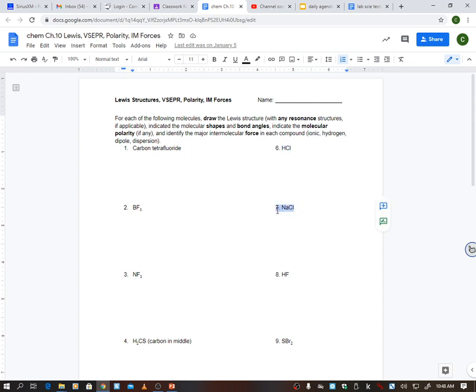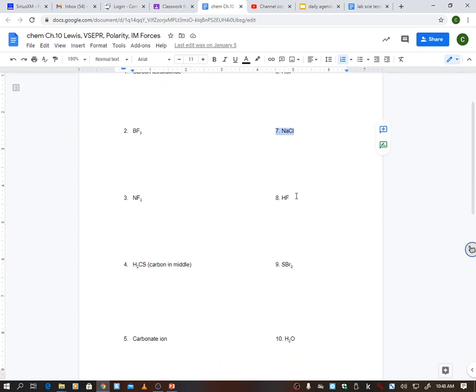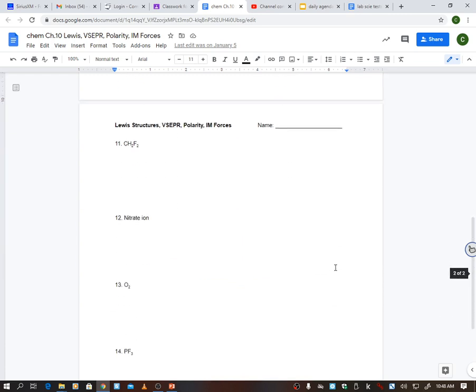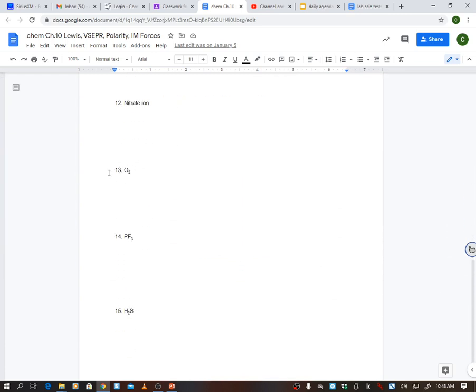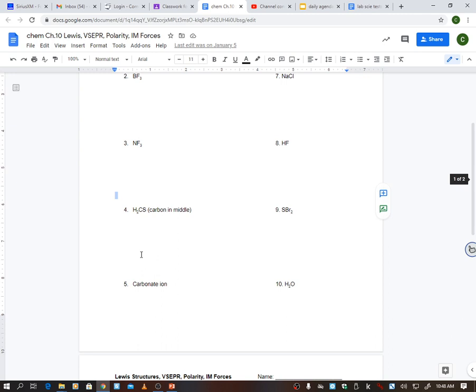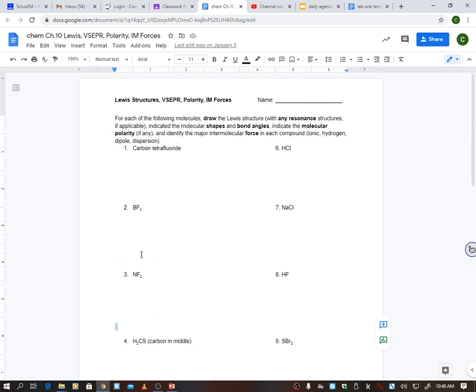You can do that for HCl, for NaCl, HF. Everything else on here though, like boron and fluorine, you have boron and 3 fluorine, so there's 4, so you can't do that, you have to draw the shape out on that. O2, you can do that for O2 where you just subtract. Everything else you have to do the arrows to figure it out. But the ones that just have 2 and that is it, you can just subtract.